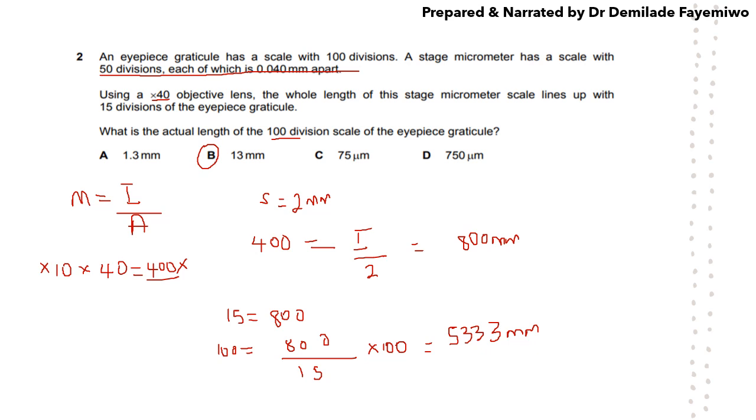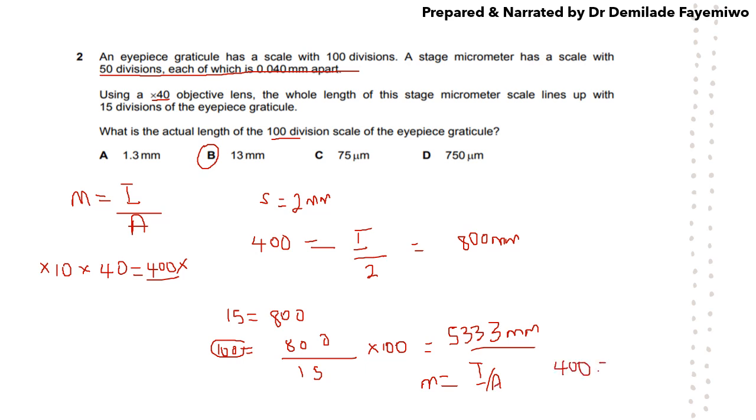So we then need to go back. If this is the image length of 100 divisions of the eyepiece reticle, we then need to find the actual length, which again takes us back to M is equal to I over A, and M still remains 400 times.